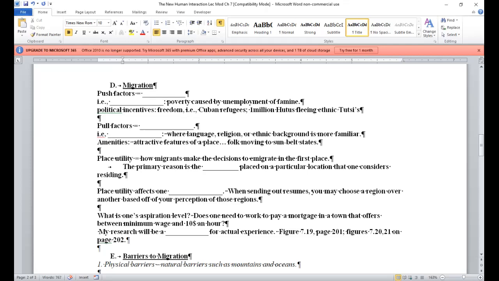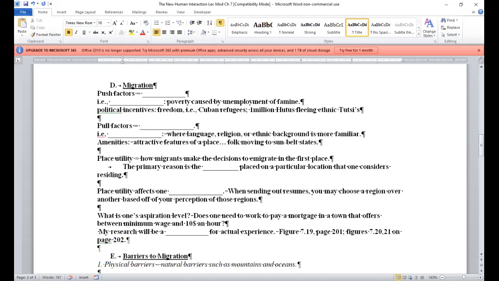It could be economic factors like poverty caused by unemployment or famine. Political factors, freedom. Why do Cubans risk life and limb on rafts to go 90 miles? It's unbelievable, right? To get to Florida. One million Hutus back in the mid 90s, right? Fleeing ethnic Tutsis in Rwanda.